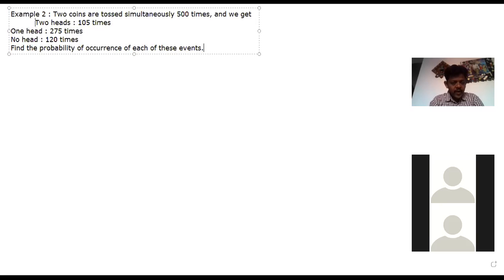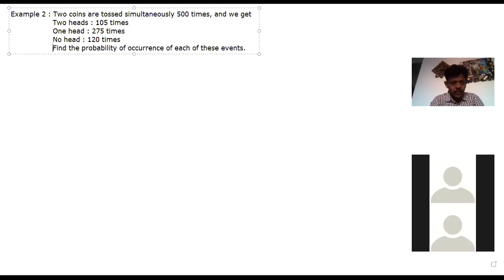Two heads, one head, and no head. Find the probability of each of these events.